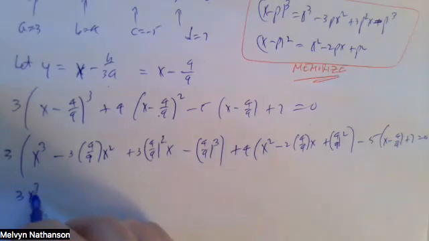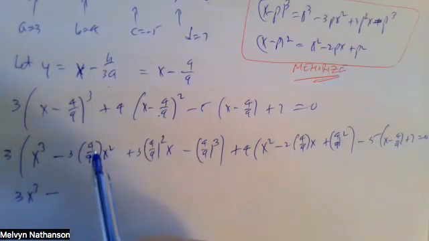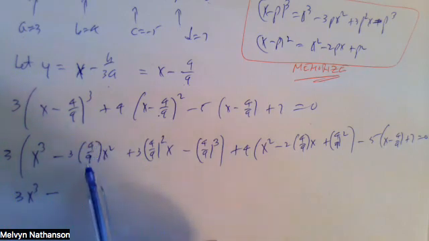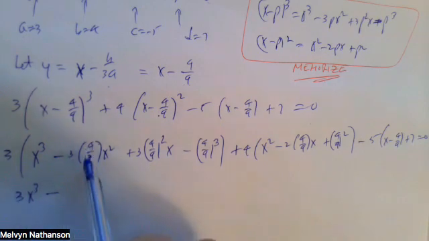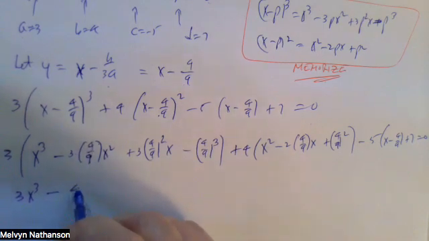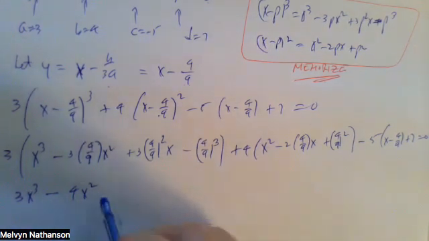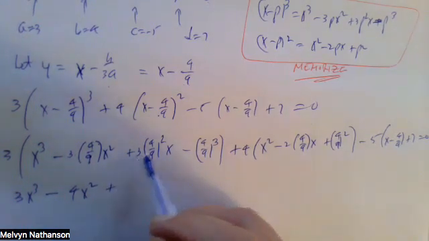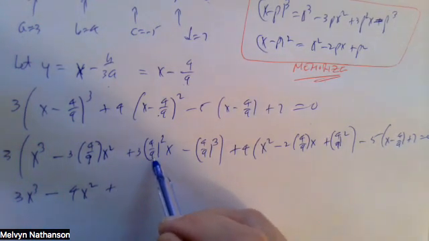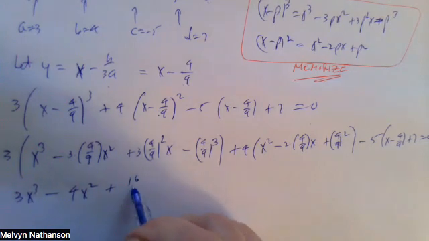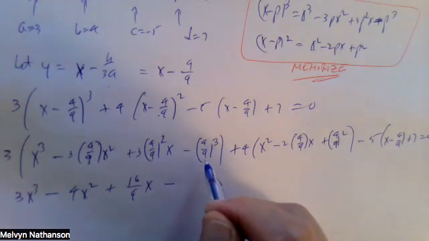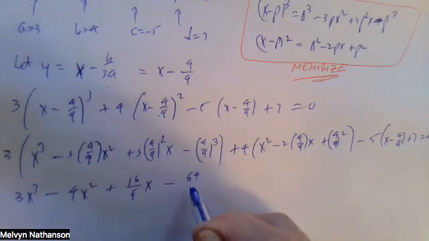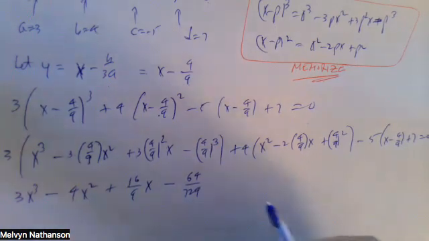I get 3x cubed minus, 9 times 4 over 9, so the 9's cancel, minus 4x squared, plus 9 times 4 over 9 squared, so that's 16 over 9 x, minus 4/9 cubed, 4 cubed is 64, 9 cubed is 729, I think.